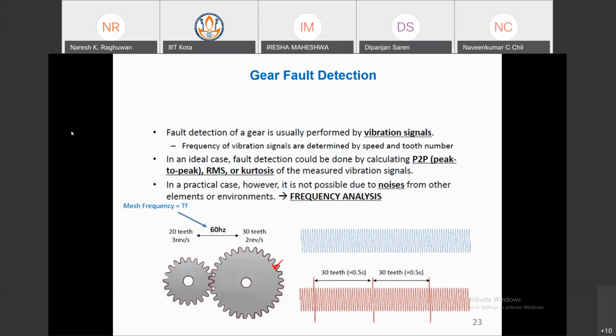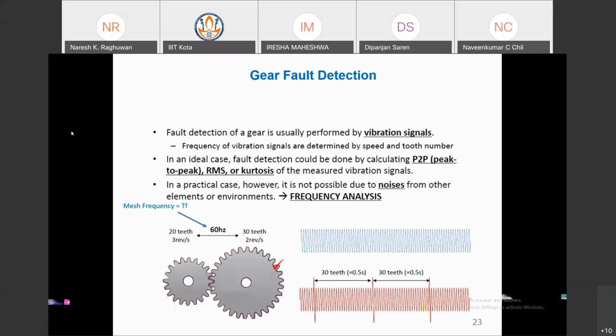So the time period information is there, but in the frequency domain you are capturing only frequency. Suppose the frequency is 60 hertz and the number of teeth is 30.